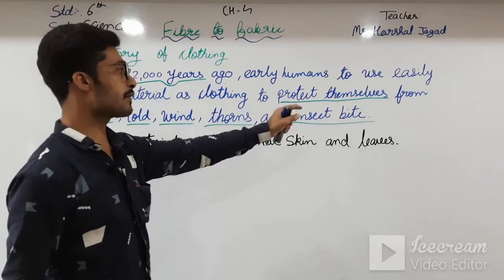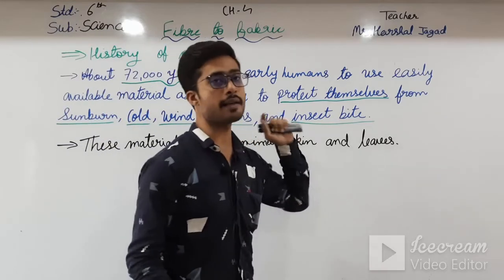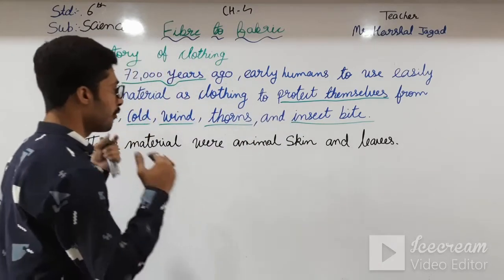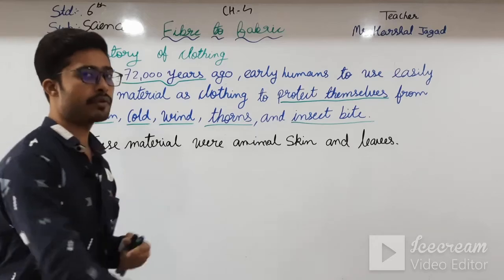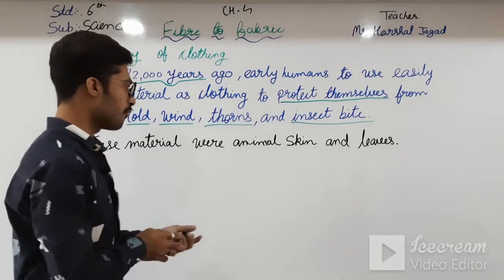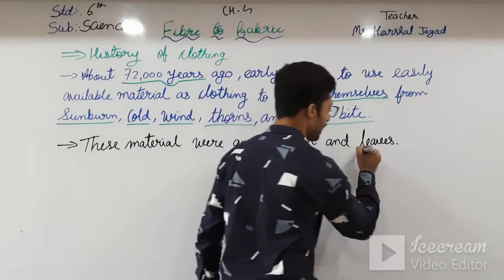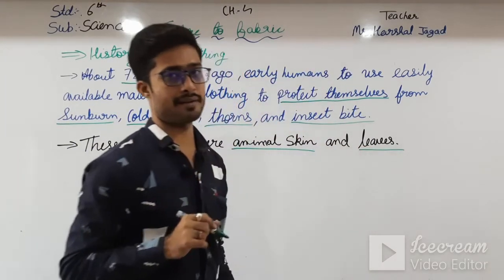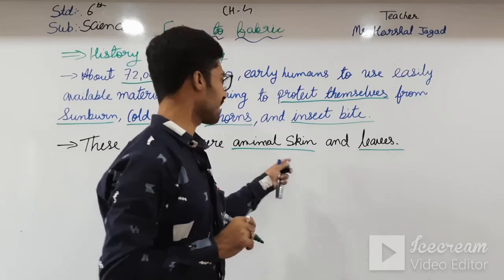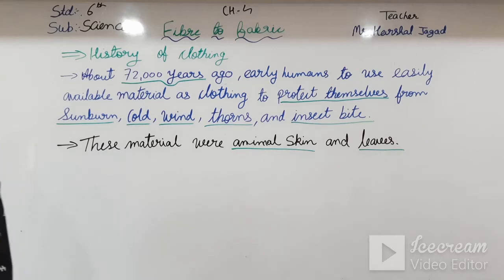To protect themselves from sunburn, cold, wind, thorns and insect bite. And what did they first wear? They wore animal skin and leaves of plants. Okay students, animal skin and leaves of plants.